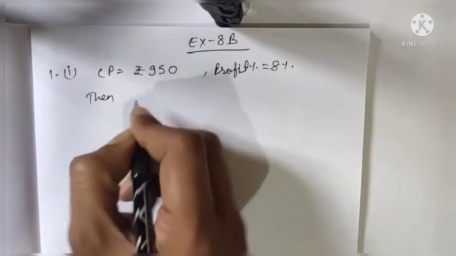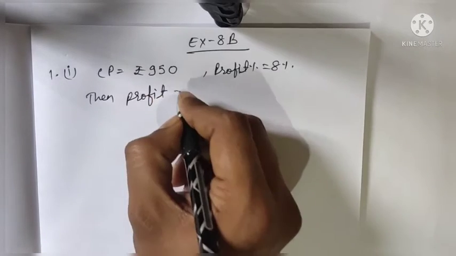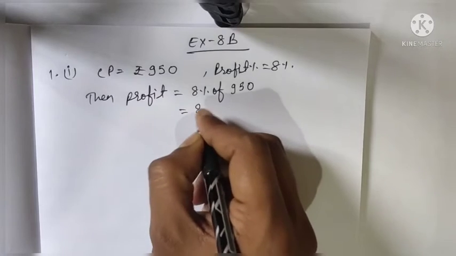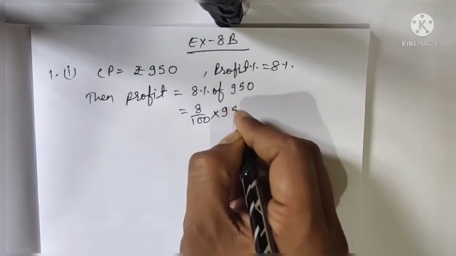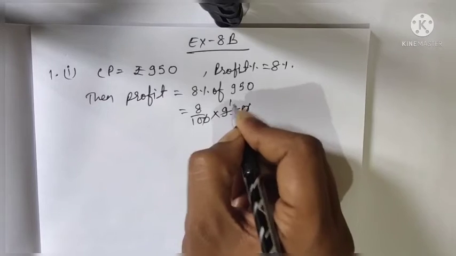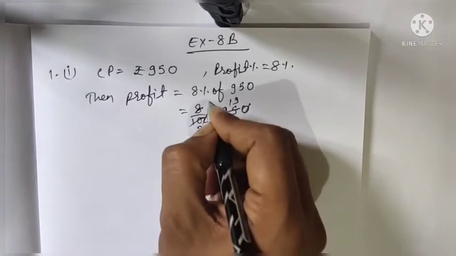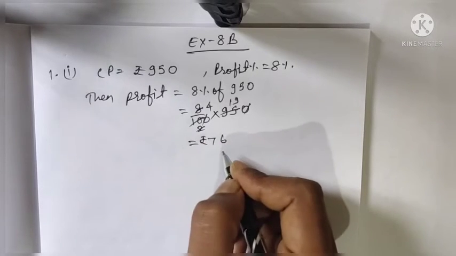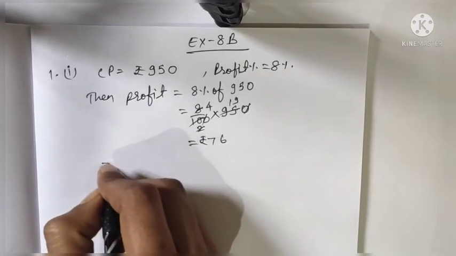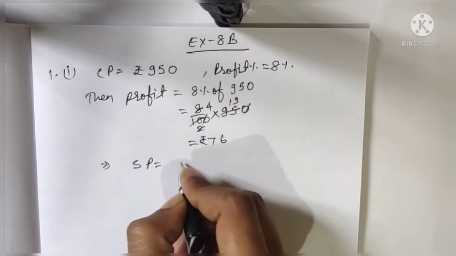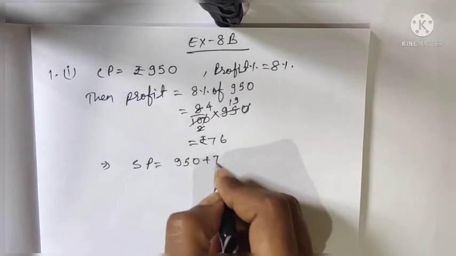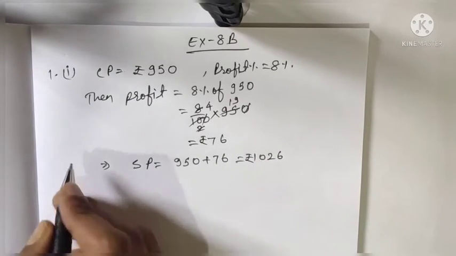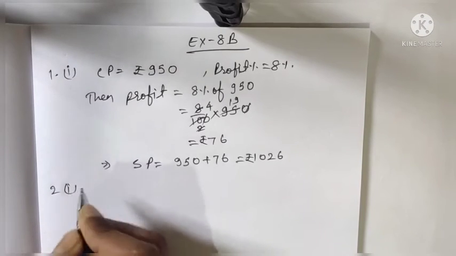Then profit is equal to 8% of 950, is equal to 8 by 100 into 950, zero and zero cancel, 5 19s are 95, 5 2s are 10, 2 4s are 8, 19 into 4 is equal to 76. Hence profit is rupees 76. That implies selling price is equal to CP plus profit, means 950 plus 76. It will be 1026.